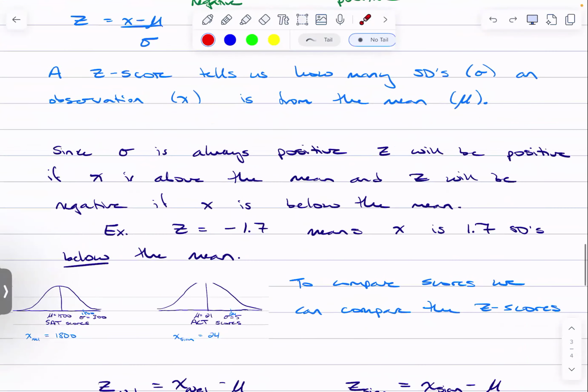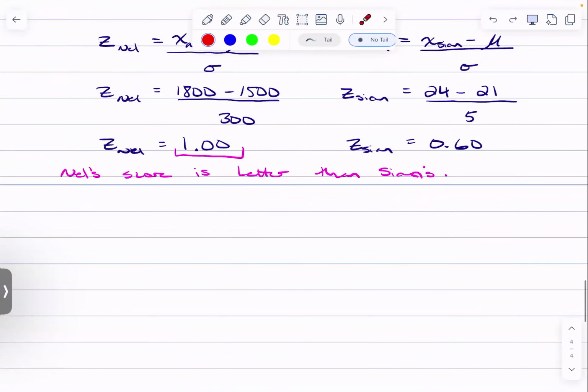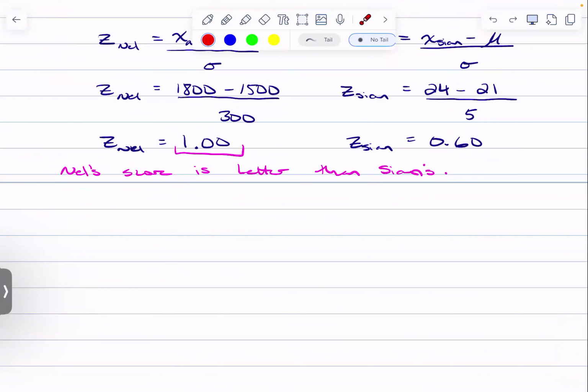Okay. So what if we built this out, right? And we said, okay, one standard deviation above the mean. What's the probability of, or what proportion of test writers scored higher than Nell?